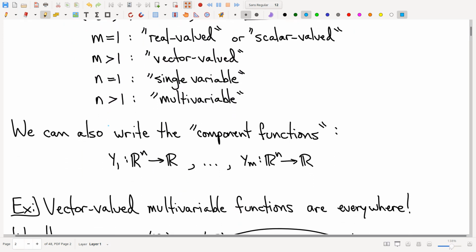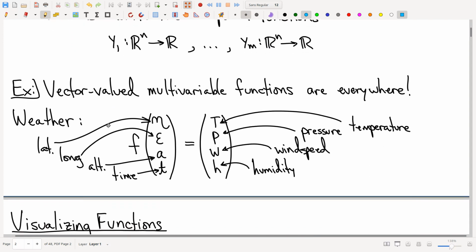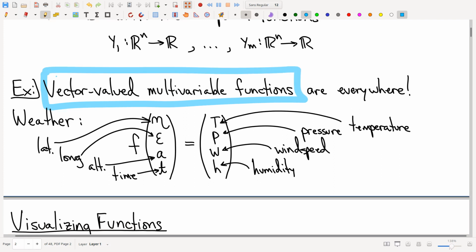A bit about component functions. Y'all can read that. That's pretty readable. I like to observe at this point that this sounds like a really complicated idea right here, a vector-valued multivariable function. It's pretty scary, right, just to hear as a term. But it's really not that big a deal. It's not a rare thing to come up.